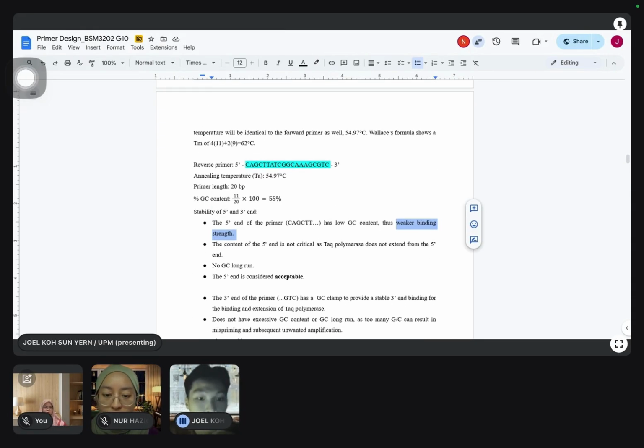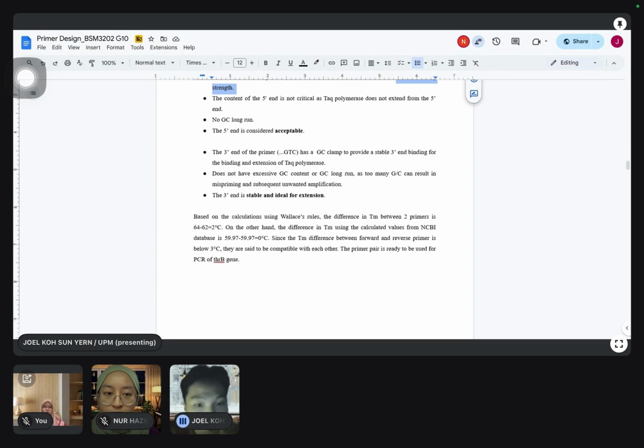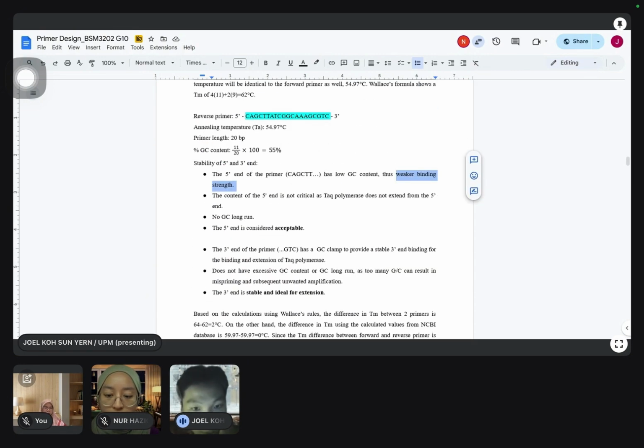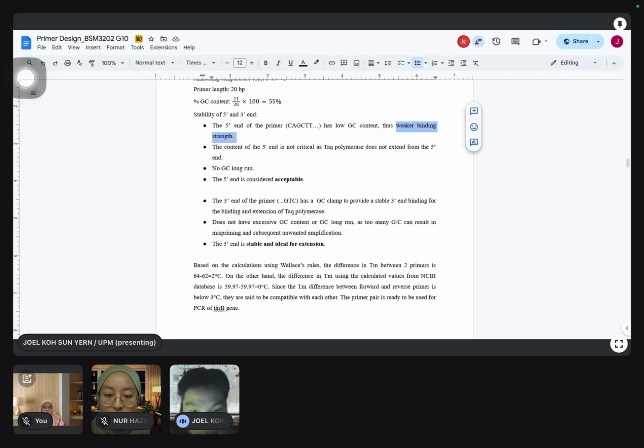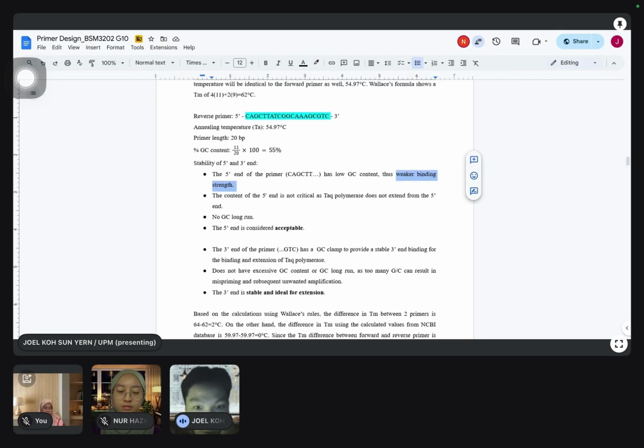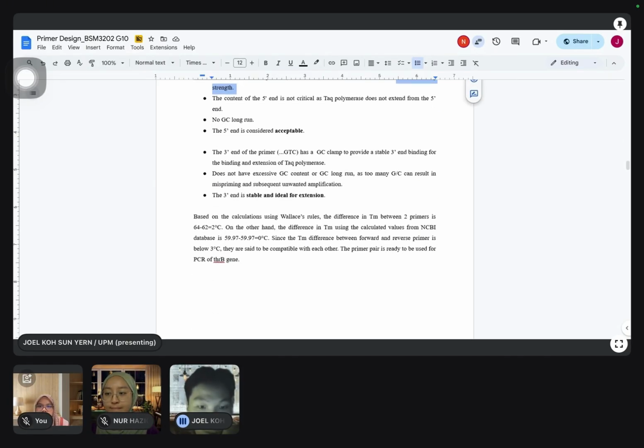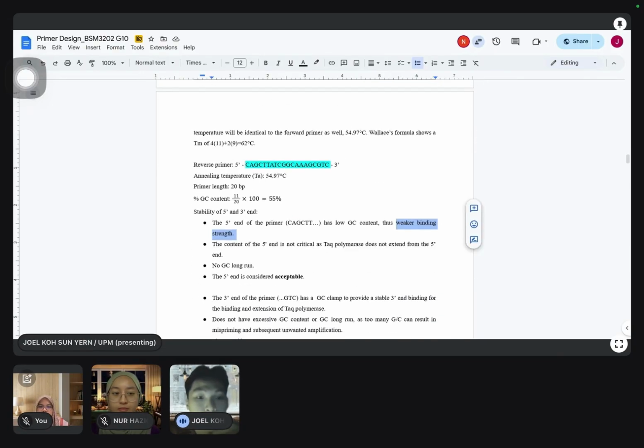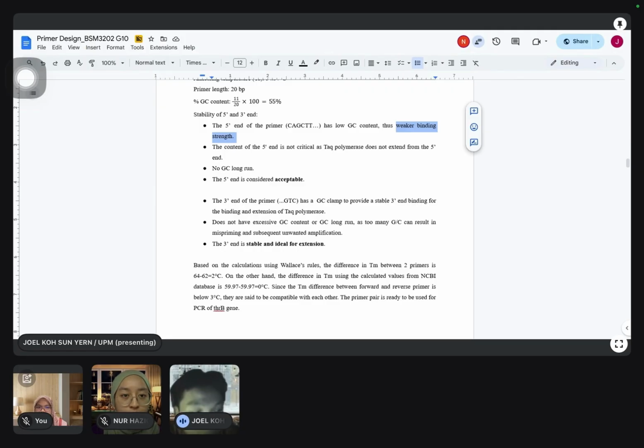And for the 3' end of the reverse primer, there's a GC clamp, and there's no GC long run, and the GC content is acceptable. There's a good amount of GC at the 3' end, and it is stable and ideal for the extension. So overall, the reverse primer and the forward primer form a good primer pair.